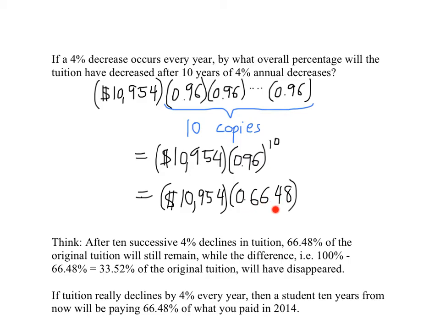So 66.48% of the original tuition remains. 100% minus that, in other words, 33.52% of the original tuition, is what will have disappeared. So this 33.52% is the answer to the question as given.